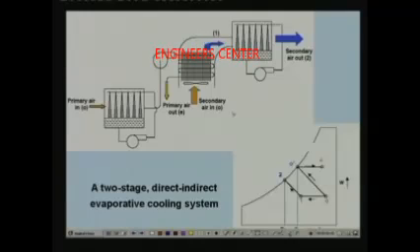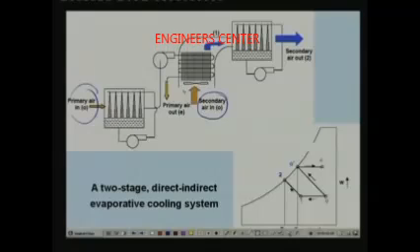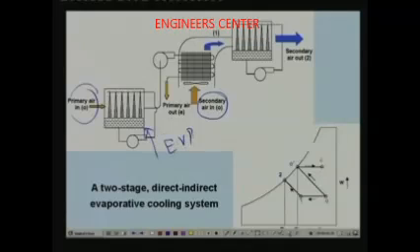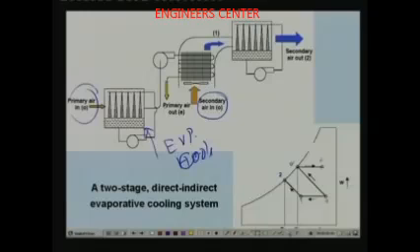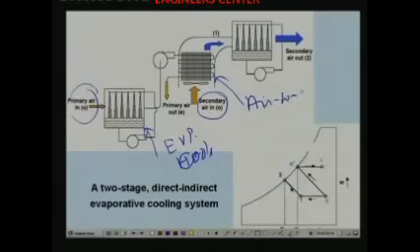Again we have a primary air stream here and a secondary air stream here. So, in the first stage what happens is the primary air stream is cooled and humidified in the evaporative cooler, okay, like we have discussed earlier. So, it gets cooled and humidified, then this cooled and humidified air flows through an air to air heat exchanger, where it exchanges sensible heat with the secondary air.